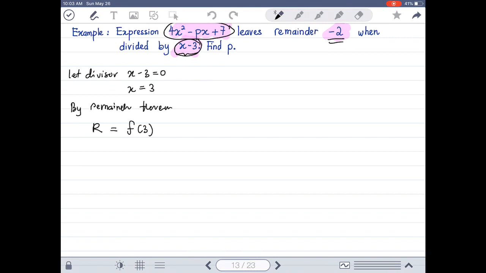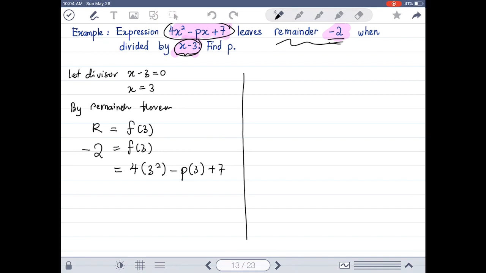The remainder from the question is given as negative 2, equals f(3). So we just insert the value of x equals 3 into the equation of f. So we have 4 times 3 squared minus p times 3 plus 7. Rearrange that.